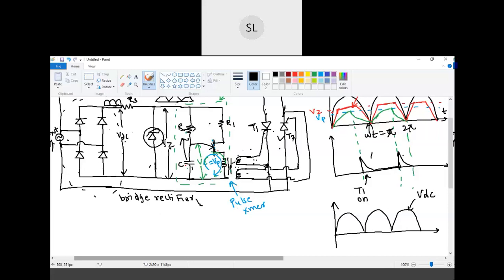So this voltage will be clipped at the Zener voltage. So the voltage that will be applied to this relaxation oscillator will be Vz.